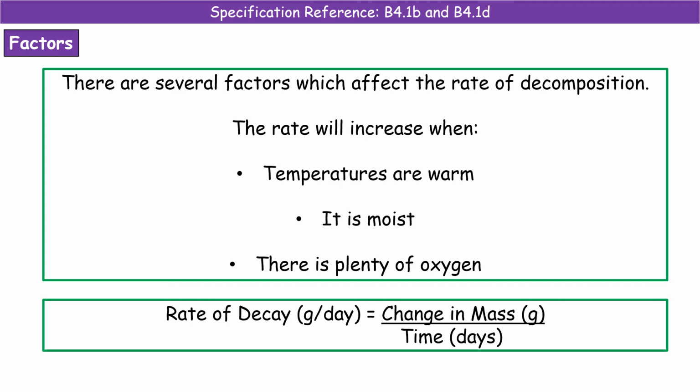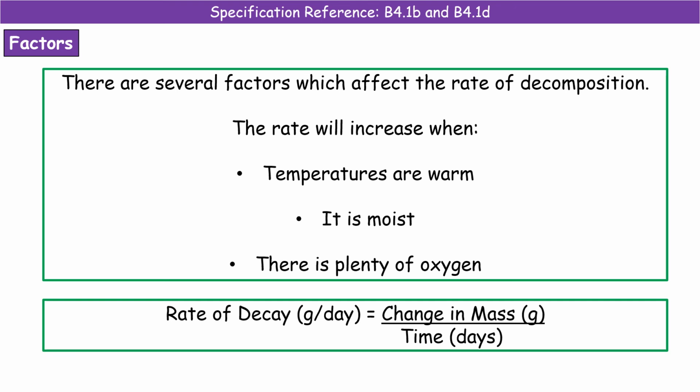We could very easily get a question that's all about, usually, compost heaps. They love compost heaps, but it's basically looking at the rate of decomposition. Now, we've got several factors that affect the rate of decomposition. First one, temperature. Second one, moisture content. Third, oxygen levels. We want it to be warm, moist, and have plenty of oxygen available.